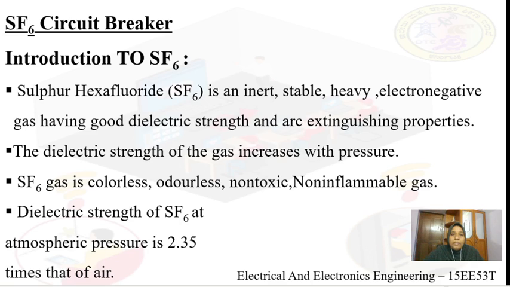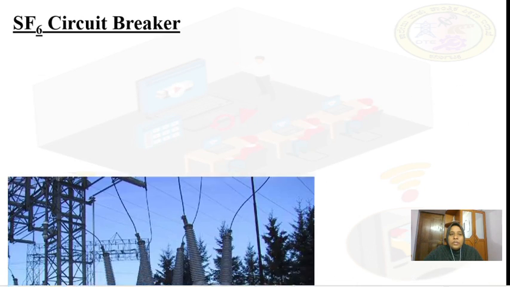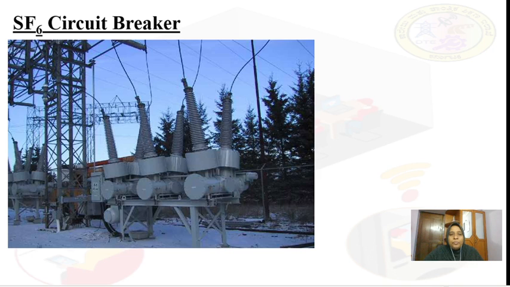These are the important points you have to remember regarding SF6 gas, because it has all these properties. That is the reason why we are using it as an arc extinguishing medium in the circuit breaker. So with this brief introduction about SF6 gas, we will try to see the SF6 circuit breaker.